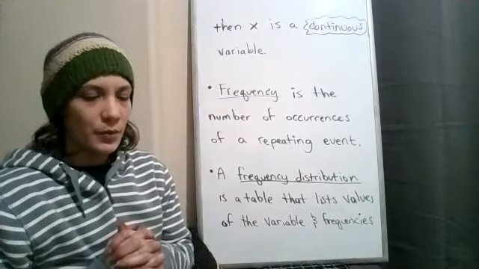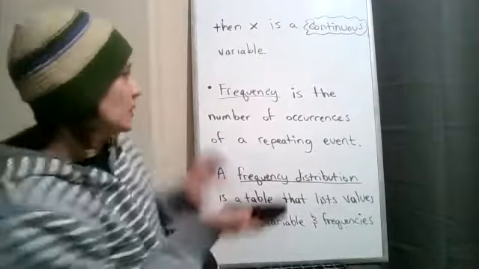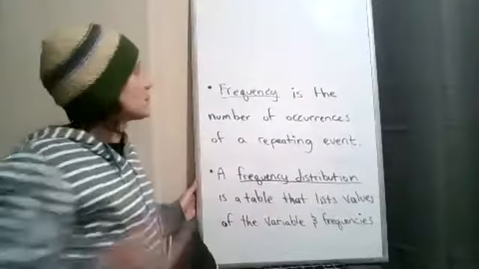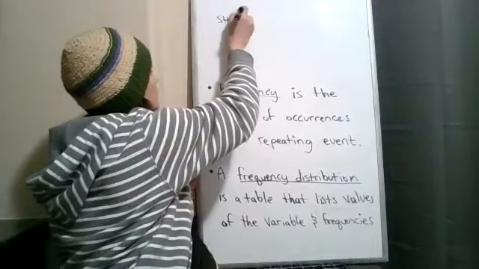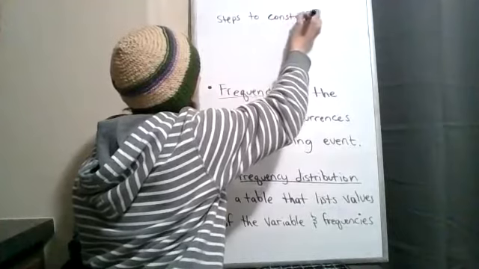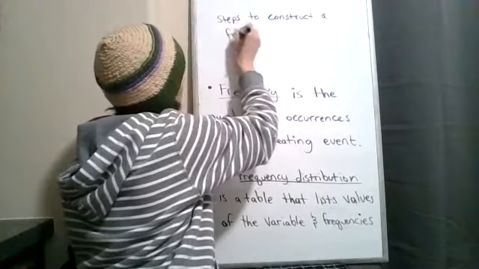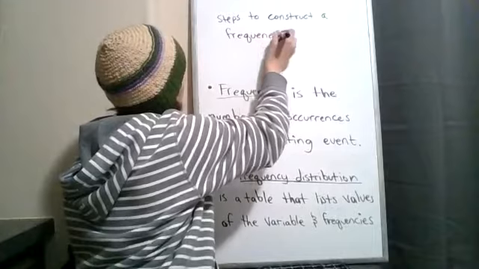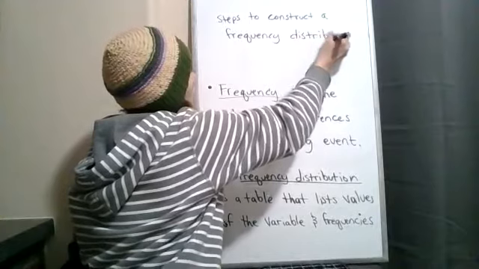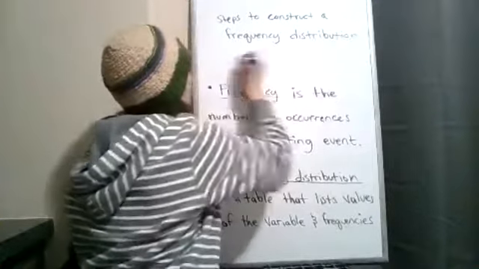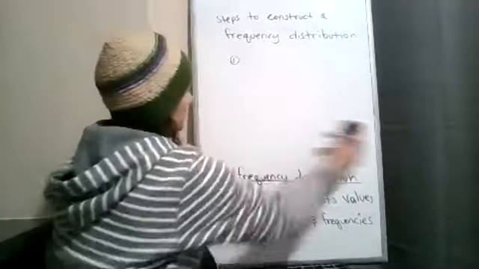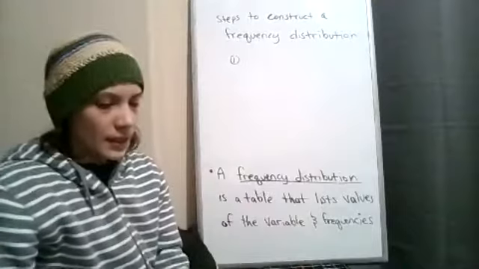So I put some steps to make a frequency distribution. List values of the variable.